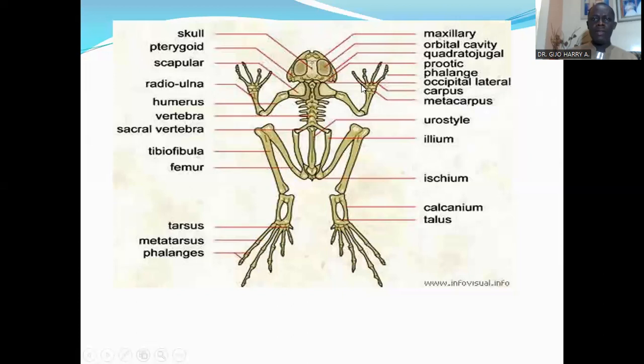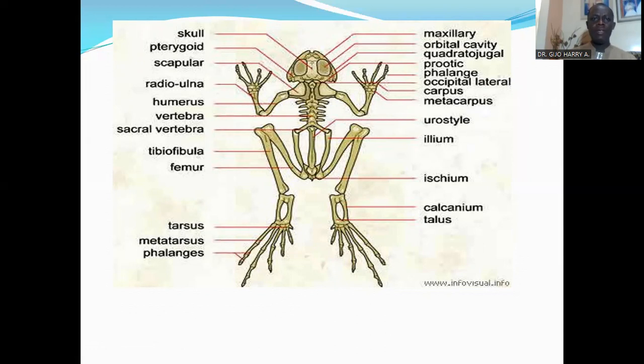In the skeletal system of the amphibians, you have structures similar to those of reptiles, birds, and mammals. In their arms they have the humerus, but the tibia and fibula, and the radius and ulna are fused together instead of being separate as in reptiles, birds, and mammals.